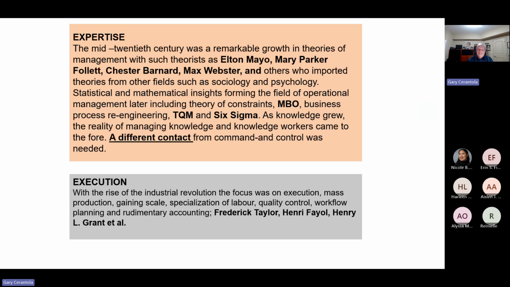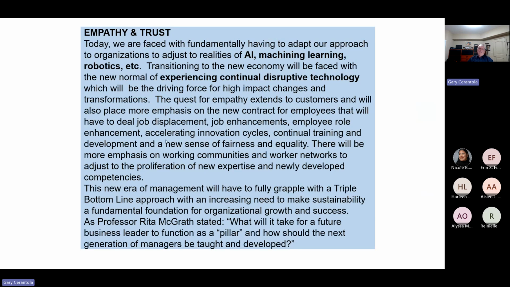So I wanted to bring that to your attention, and you can see that in the earlier years, it was all about execution. And then as execution started to compromise the fitting in of the employees, they started going to expertise. And then from there, we're into the whole new age of empathy and trust.